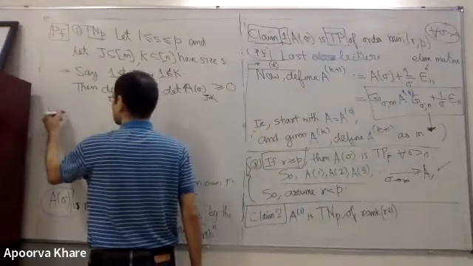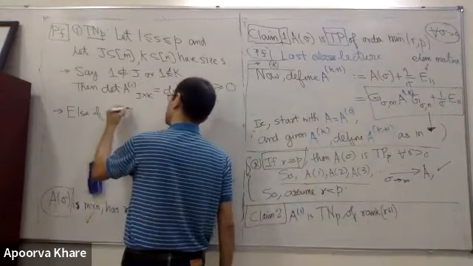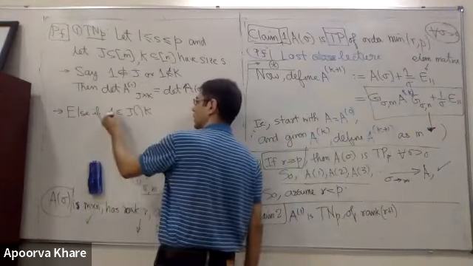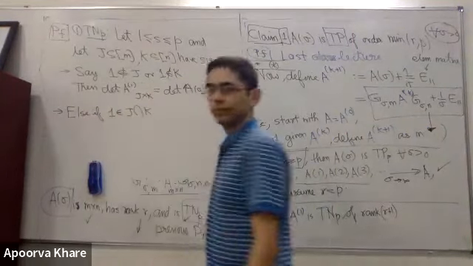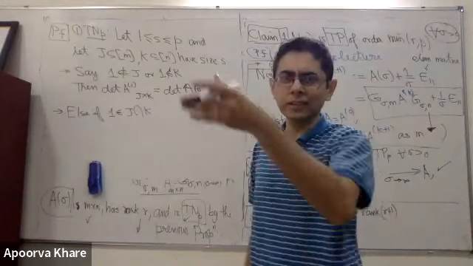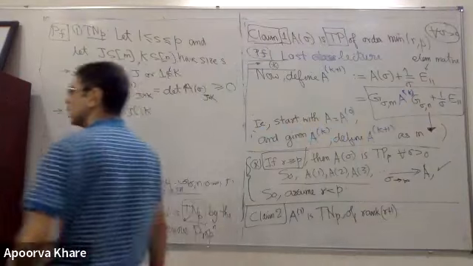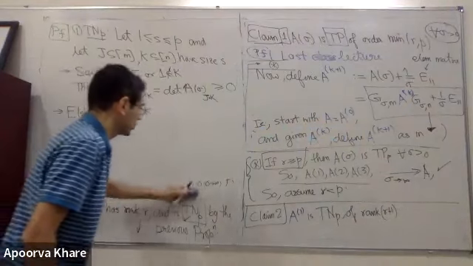Otherwise, let's say 1 belongs to both J and to K. Then we have to do some calculation. But the calculation is also easy. Take the J cross K matrix, and let's say expand along the first row. Right? So then what do you get?